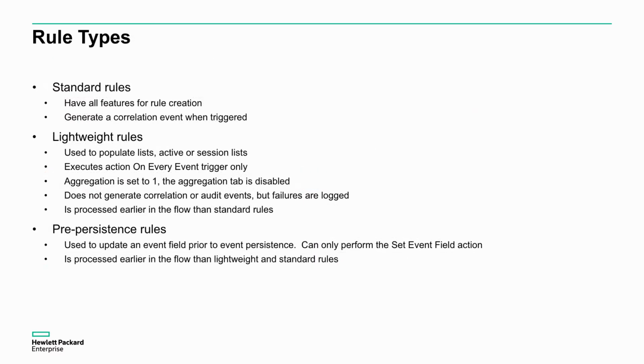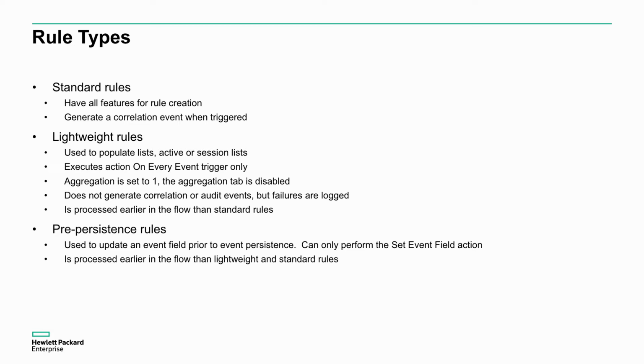There's different types of rules to consider as part of this. We can have standard rules that can do all features. We can do all calculations and generate a correlation rule when it's triggered. We can have what we call lightweight rules that allow us to typically populate lists. Exactly the scenario we just talked about a second ago. So active or session lists. It's only got an evaluation of one type, so we can only do an action on every event trigger. We'll be talking in a lot more detail around some of those triggers in a second, and we can't do aggregation either.